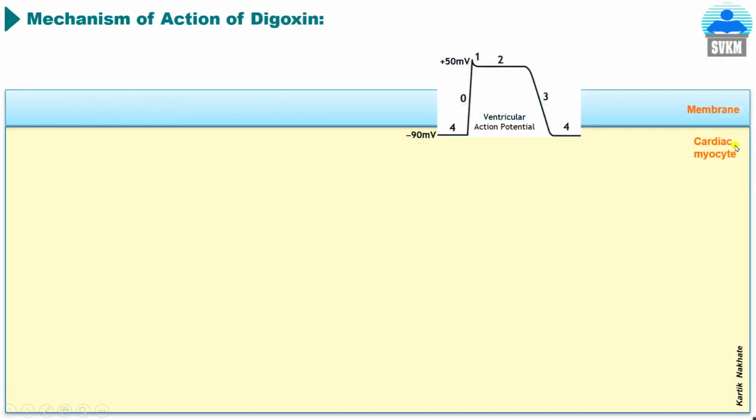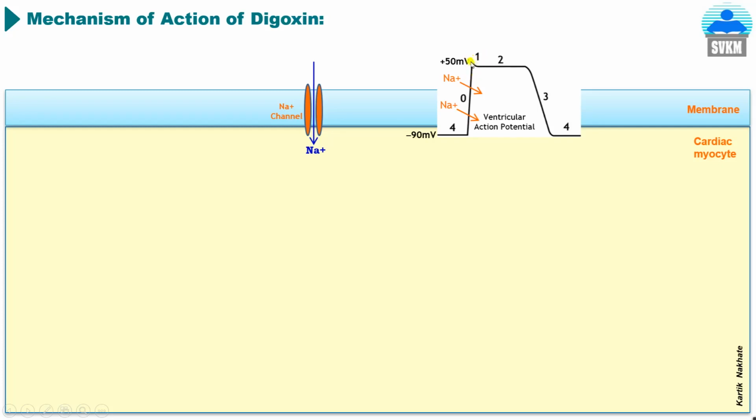The target for digoxin is the cardiac myocyte. Normally, after phase 4 of the cardiac action potential, that is diastole, the membrane depolarization is triggered by the activation of sodium ion channels. This allows the inflow of sodium ions in the cell in phase 0 to increase the membrane potential from minus 90 mV to around 50 mV.